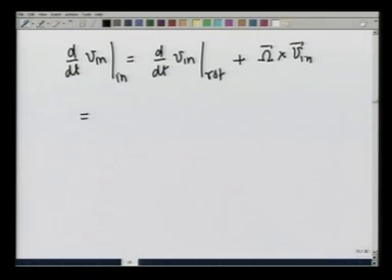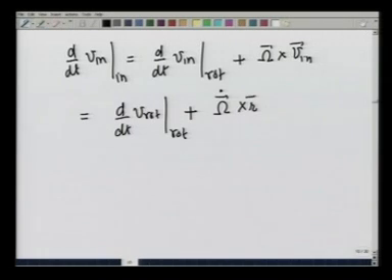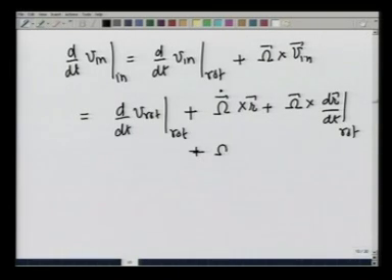This comes out to be d/dt of v rotation as observed in the rotating frame, plus omega dot cross r, plus omega cross dr/dt as observed in the rotating frame, plus omega cross v rotating, plus omega cross omega cross r.